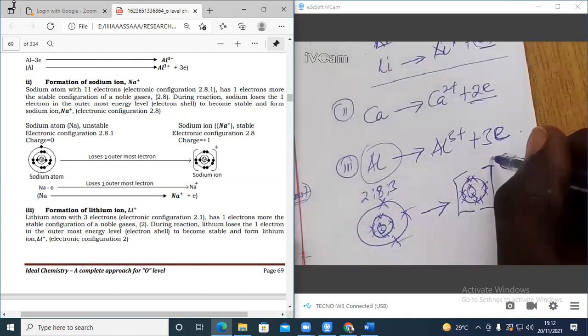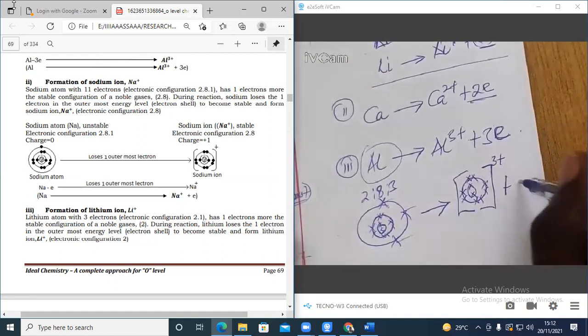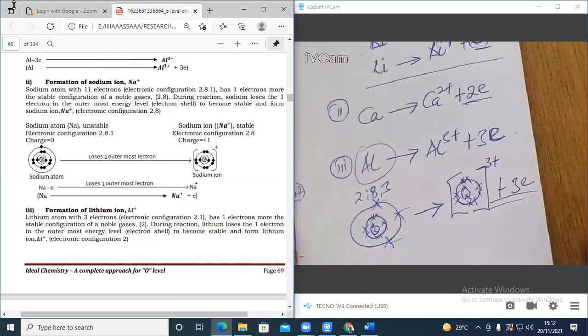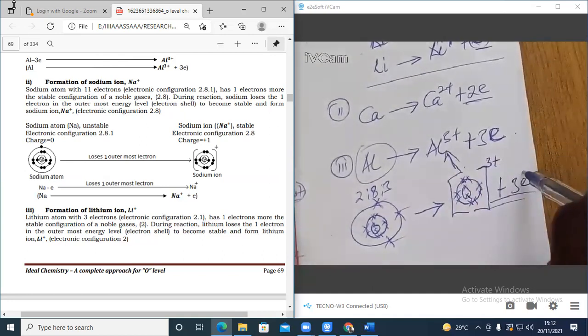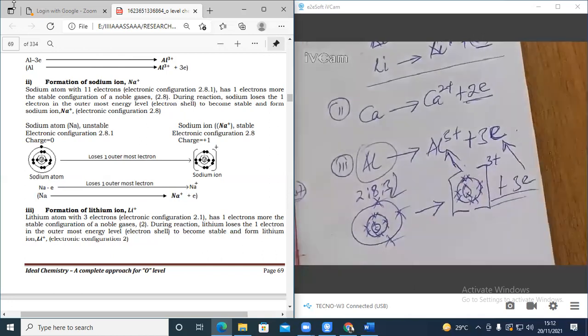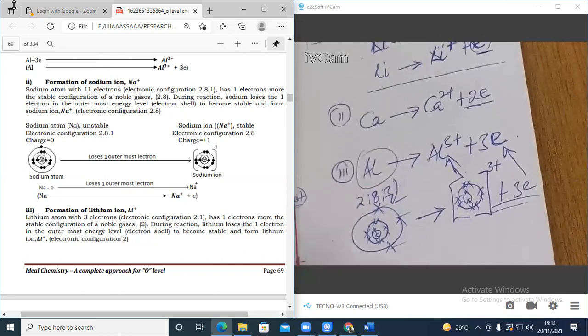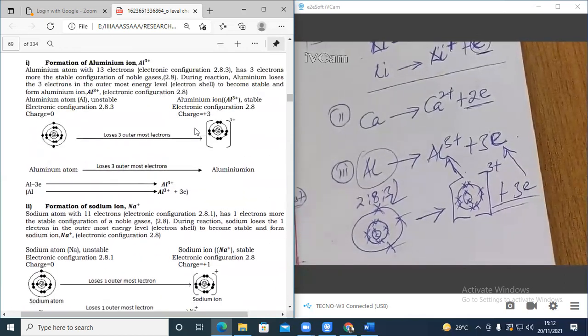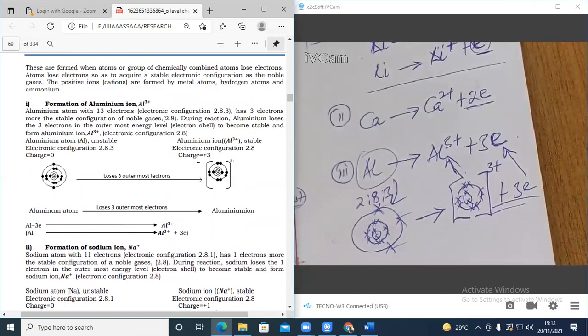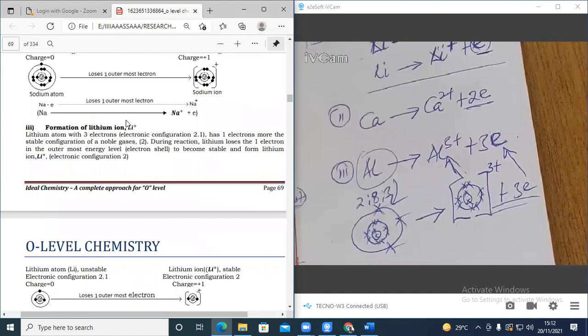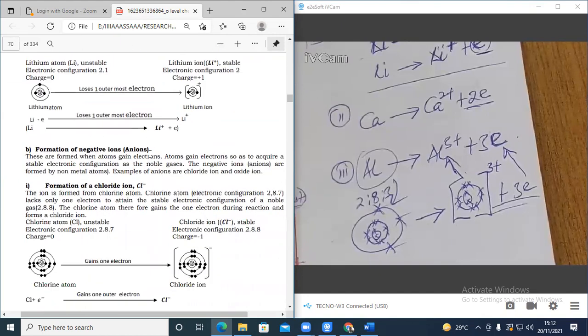So 3 plus. That is the ion of aluminium, and the 3 electrons it has lost are there. Okay? Good. So in simple terms, this is what they form. If they ask for the electronic structure of the ion, it must be less by the valence of that element. All of them are like that.